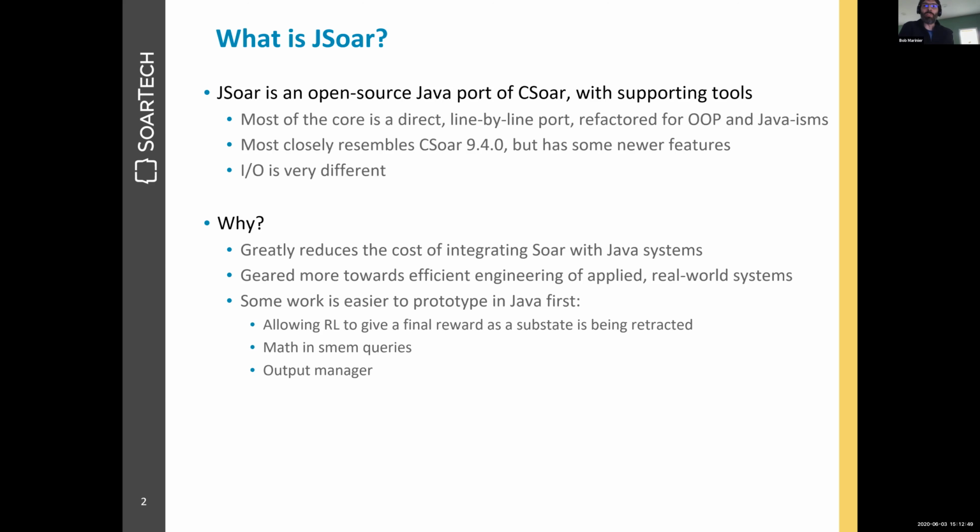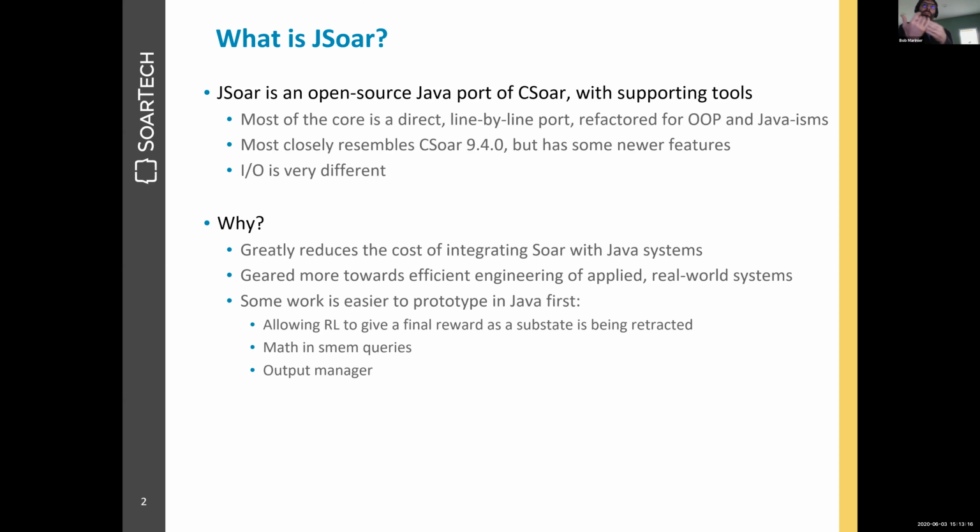For example, here are some things that were prototyped in JSoar before they were done in CSoar. In reinforcement learning, there was this issue with letting the last rule in a substate fire to put a reward on the reward link before the substate got retracted. That was done in JSoar first. Soar Technology actually added the ability to have math in semantic memory queries.